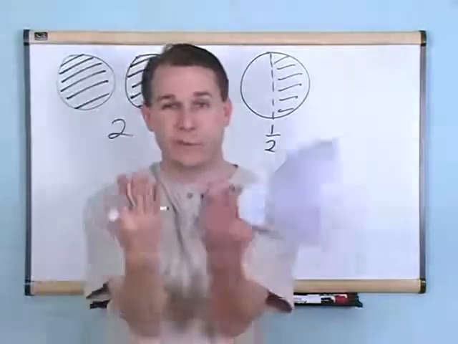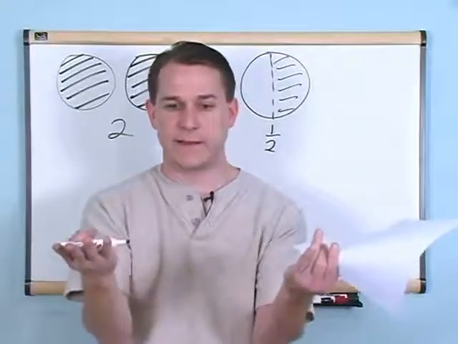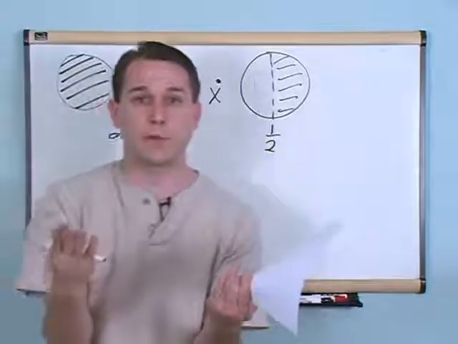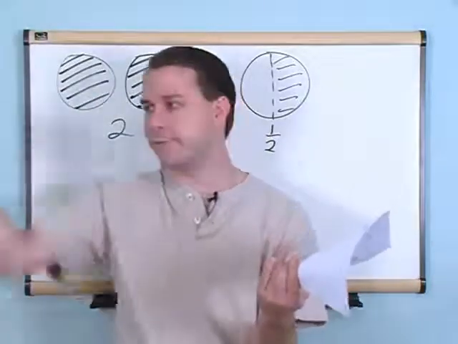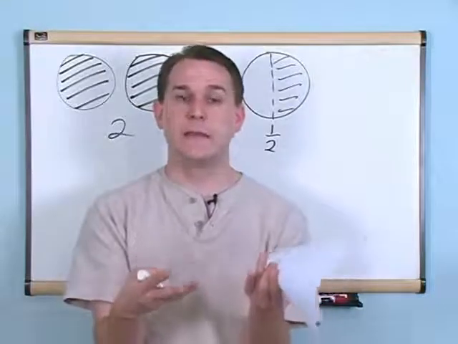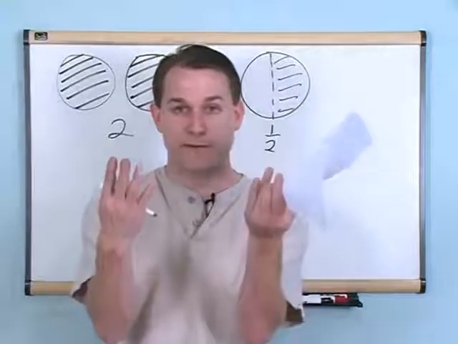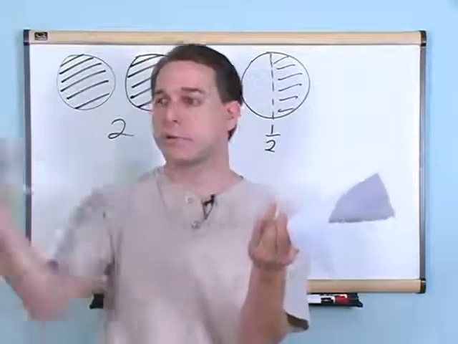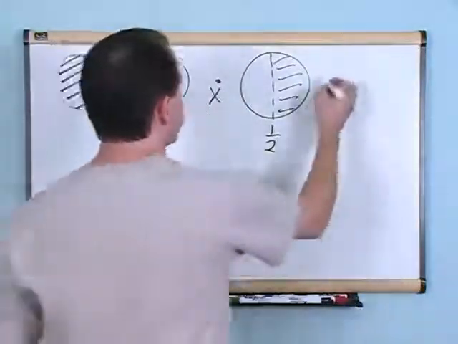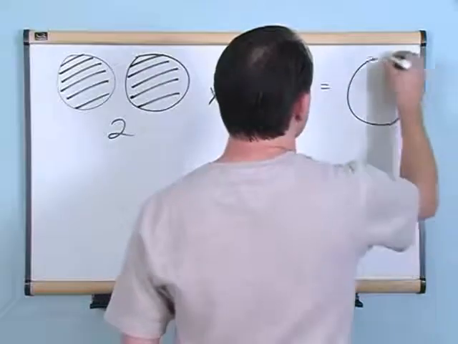When I start with 2 pies in my hand, one in this hand, one in this hand, I'm just going to take half of them, which is what this is telling me. When I multiply by 1/2, I'm just going to throw half of them away, and then the answer is what am I left with, okay? Well, if I have 2 pies and I throw half of them away, I'm only going to throw 1 pie away. I'm going to have 1 pie left over, okay? So the answer in this case would be 1 pie.